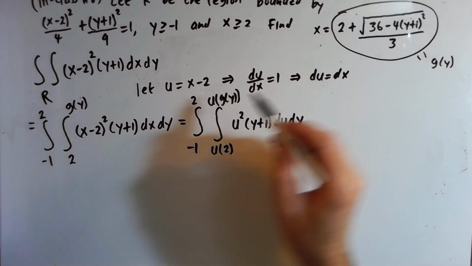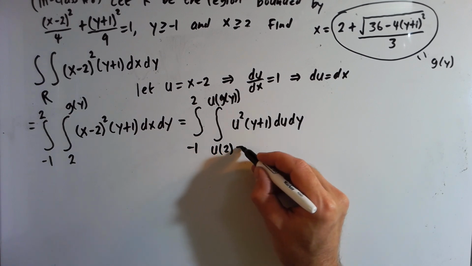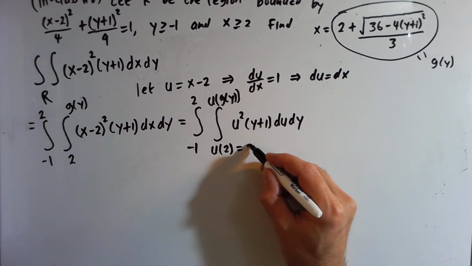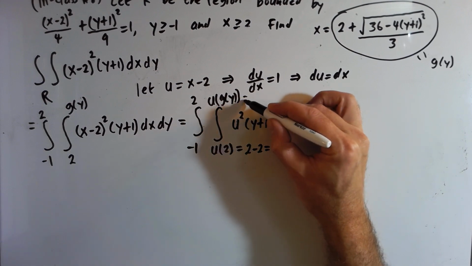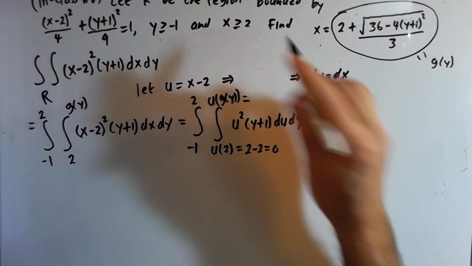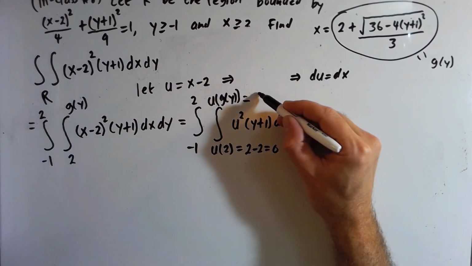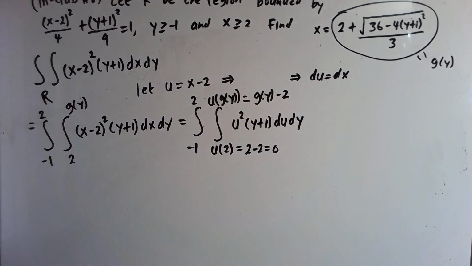My u is here, so putting 2 in place of x, it'll be 2 minus 2, so 0 down here, and this one would be g of y minus 2 there.